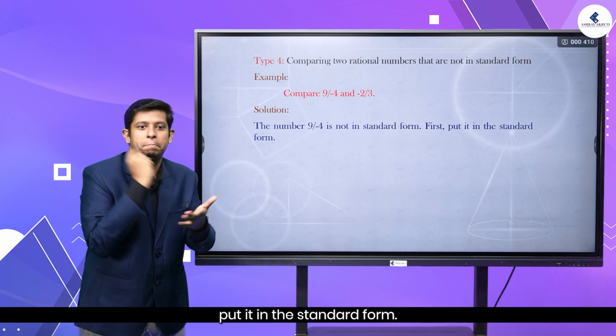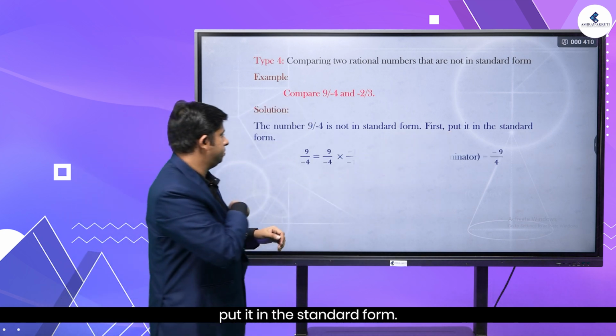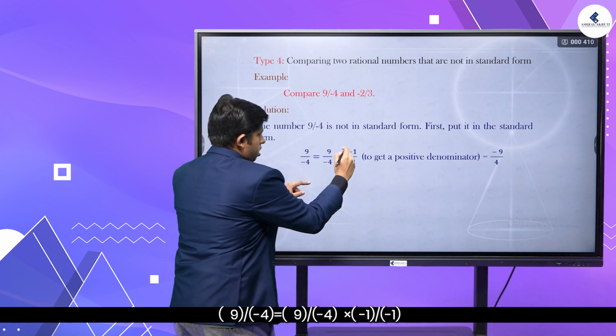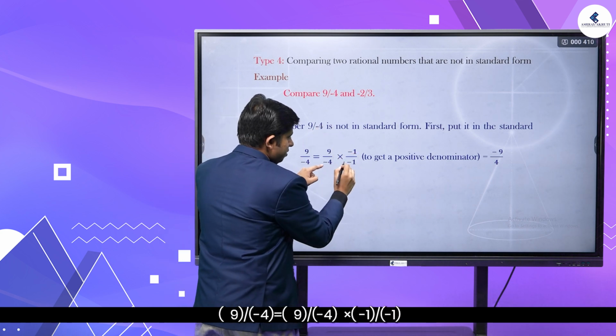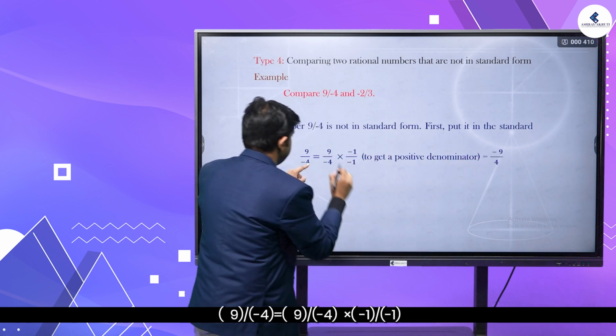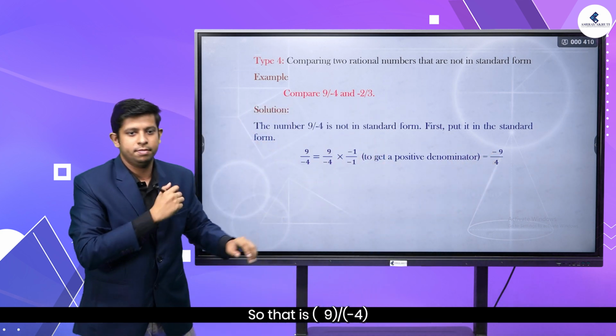So first, put it in the standard form. 9 by minus 4 is equal to 9 by minus 4 into minus 1 by minus 1; we multiply numerator and denominator by minus 1 to get a positive denominator. So that is minus 9 by 4.